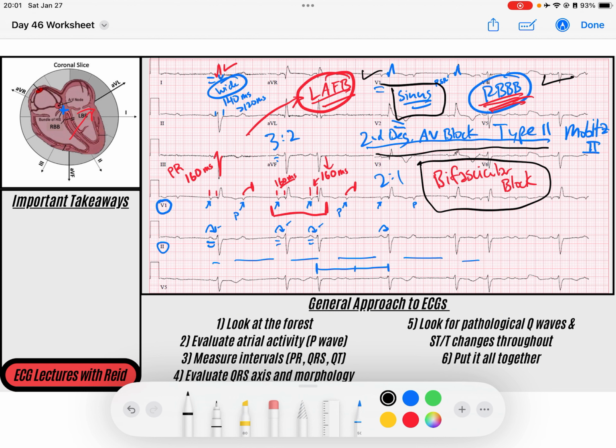And so today's takeaways are really, when you get that 2nd degree AV block, you need to really, really measure those PR intervals. Why? Go check out my AV block YouTube video. It's going to really help you. But 2nd degree type 1 compared to 2nd degree type 2 are treated much differently in the acute setting.